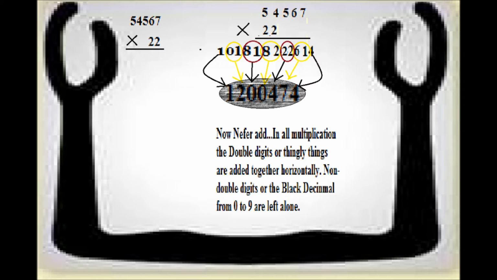That makes 10. So we had to carry that number over when we add the 8 with the 1, which makes another 10. Then we carry that number over. 1 and 0, and add the 1 we carrying over. That's 2, and then that's it. You get your answer. The answer is 1,200,474. And that's the answer.